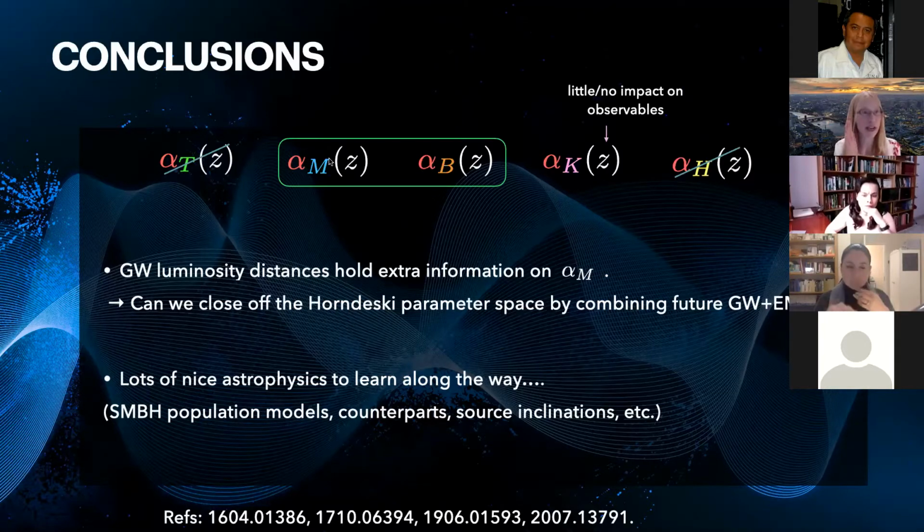There is some debate in the LISA community, but we think there is potentially a sweet spot somewhere around a redshift of a few, where the change caused by modified gravity is large enough to be detected, but there is still a chance of seeing the EM counterparts.